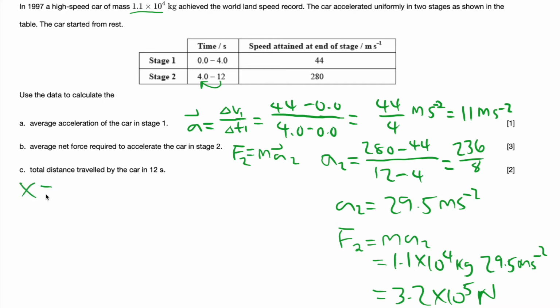So the total distance is going to be equal to distance traveled in stage 1 plus distance traveled in stage 2. And distance traveled in stage 1 is equal to initial velocity times t plus a half times acceleration times t1 squared. Right. And because the car starts from rest, the initial velocity is equal to 0.